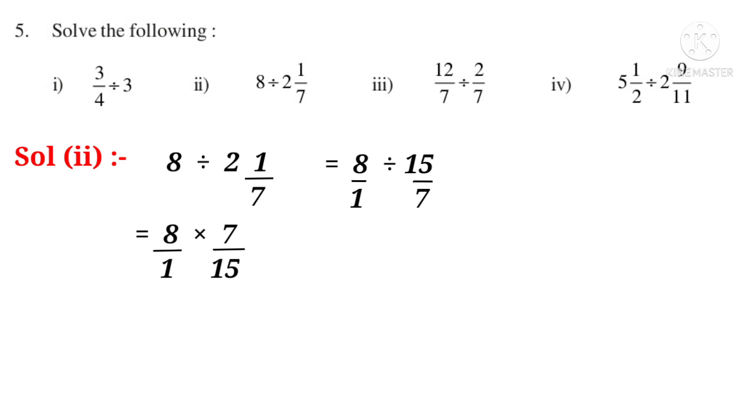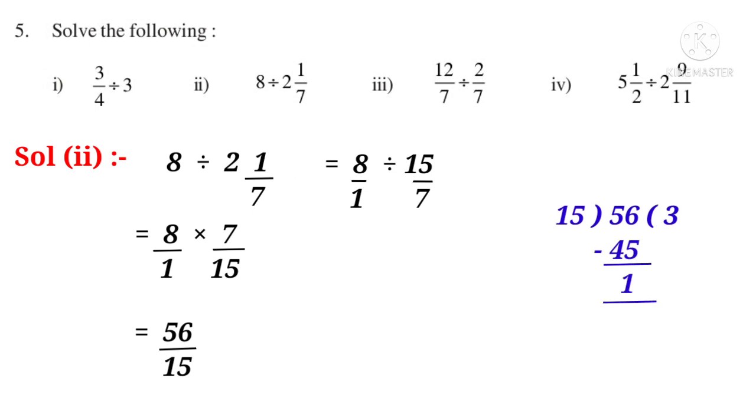On multiplying, numerator 8 into 7 is 56. Denominator 1 into 15 is 15. On dividing 56 by 15, 15 3s are 45. By subtraction we get 11. So in mixed fraction we can write it as 3 11 by 15.